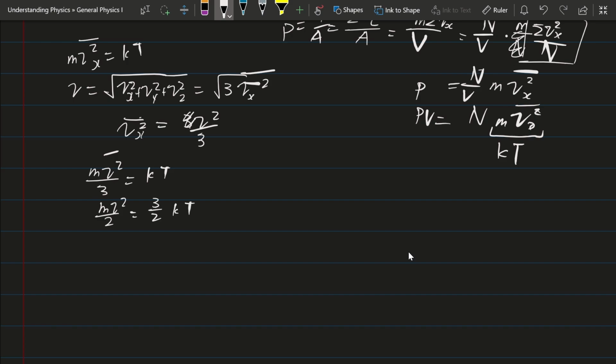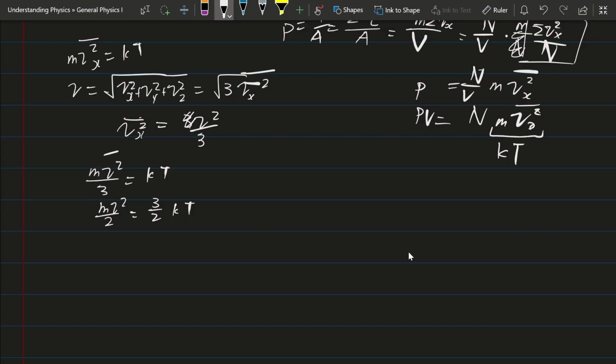So here's something that I want to talk about. This 1 over 2 kT corresponds to each different axis that it could move. So if this is a one-dimensional simulation, it will only be half kT. But if there are 3 dimensions, it is 3 over 2 kT.